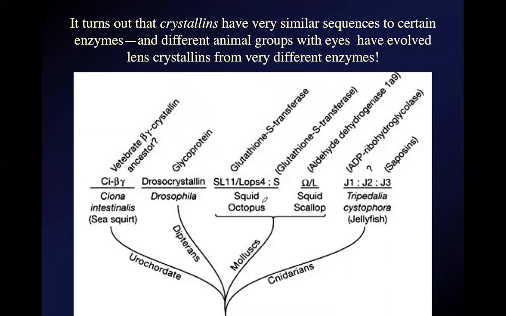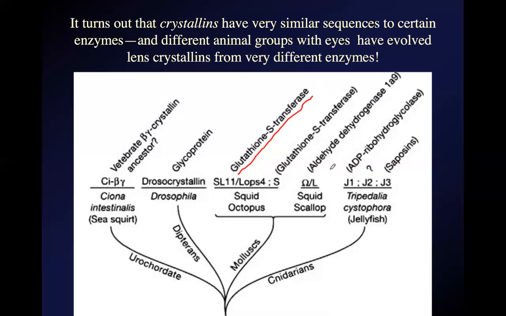They've got lenses. Those lenses have crystallins. The crystallins work about as well as yours do, but the sequences aren't anything like yours. The sequences of squid lens crystallins are actually very similar to the sequences of a digestive enzyme called glutathione S-transferase.